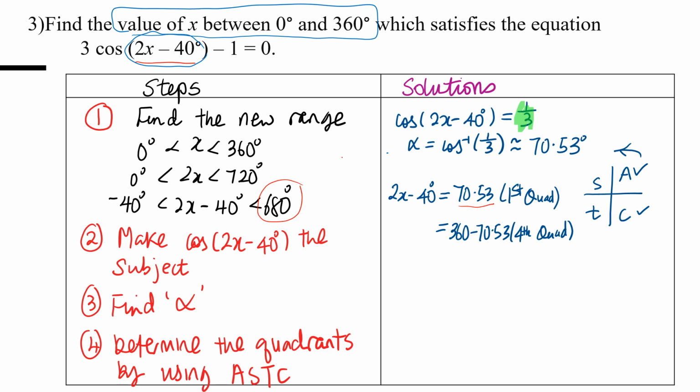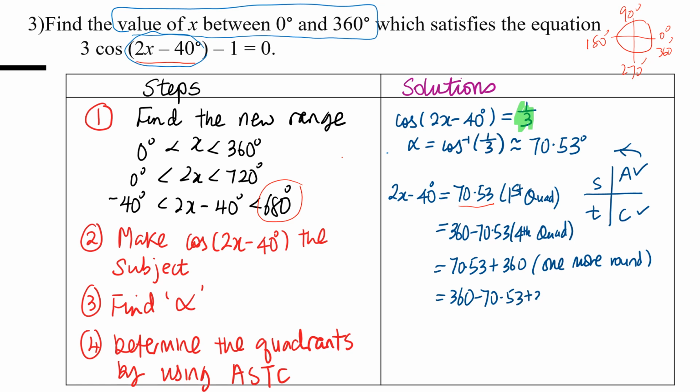One cycle is 360, because if you talk about the unit circle, you go around one circle, starting from 0, here 90, 180, 270, 360. So one round is 360. If you're talking about 2 rounds here, whatever answer you get for your first answer, which is 70.53, you will have to add one more round.